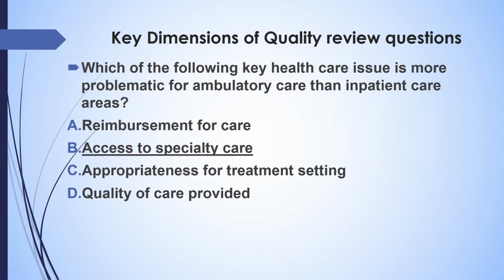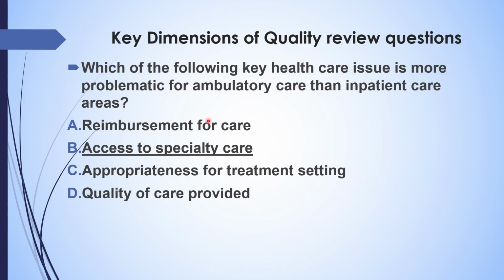Then which of the following key health care issues is more problematic for ambulatory care than inpatient areas? So in ambulatory care settings, what is the main problem? Reimbursement of care, of course, no. Access to specialty care, appropriateness for treatment settings, and quality of care provided.